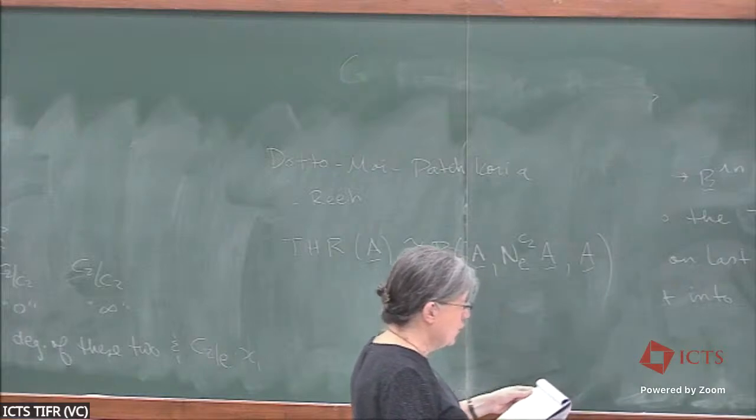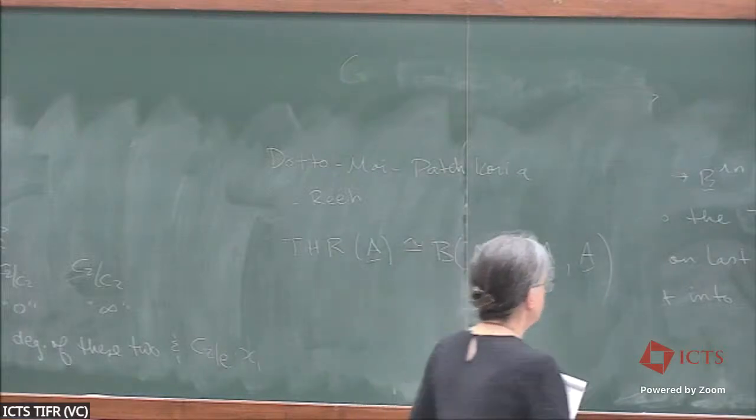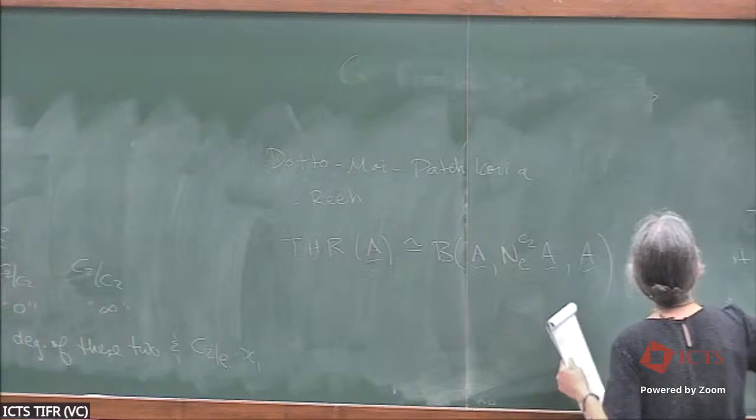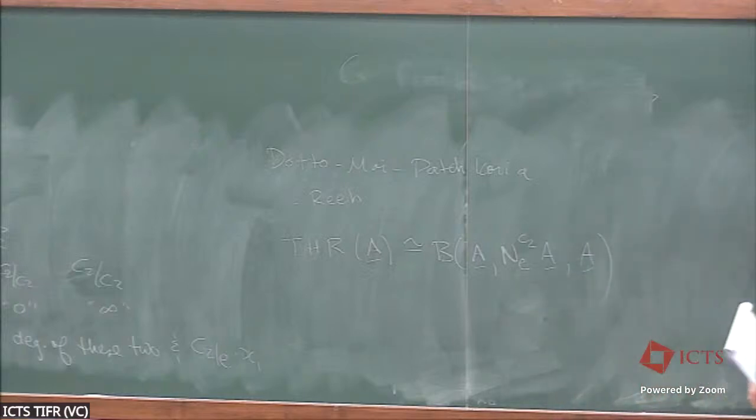Okay, so those are the 2 examples that I wanted to talk about of Loday constructions of G equivariant spectra, which give me G simplicial spectra. I do think it's an intuitive way of doing it.